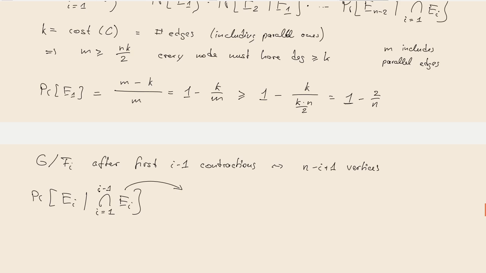And this means none of the contractions up to now, so all of the edges in F_i, that's just the set of edges that we contracted up to now, must be empty, so none of the edges must be from the min cut.